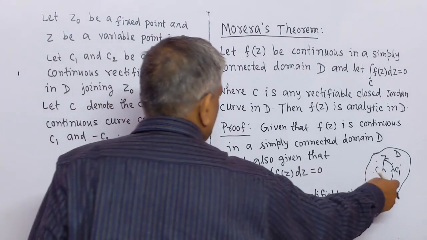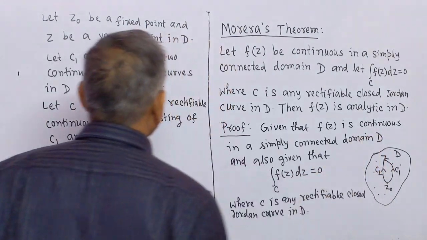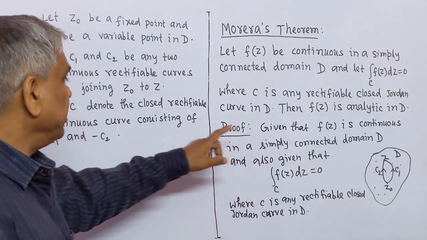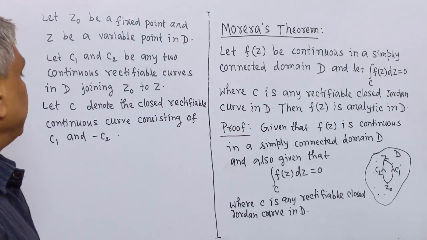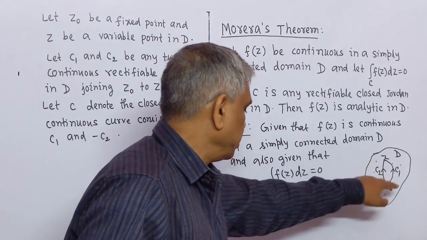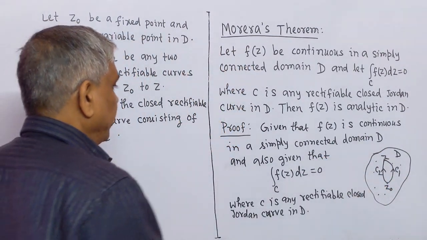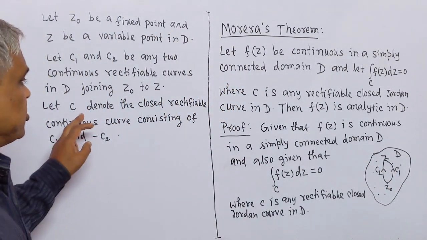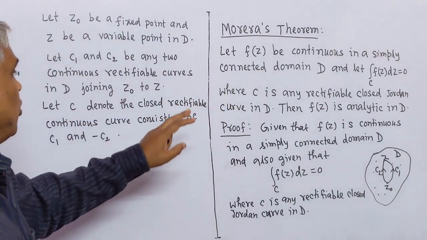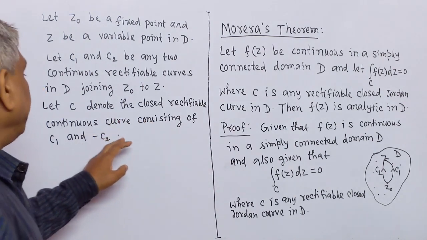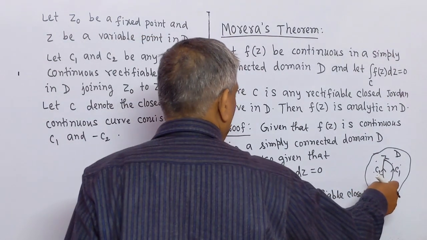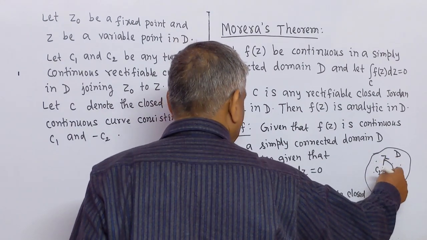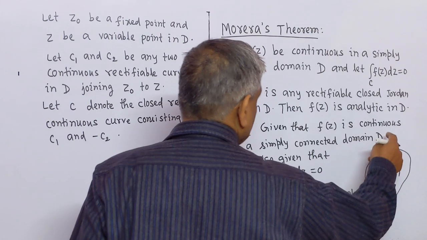Let C1 and C2 be any two continuous rectifiable curves in D, joining points Z0 to Z. Let C denote the closed rectifiable continuous curve consisting of the curve C1 and minus C2.